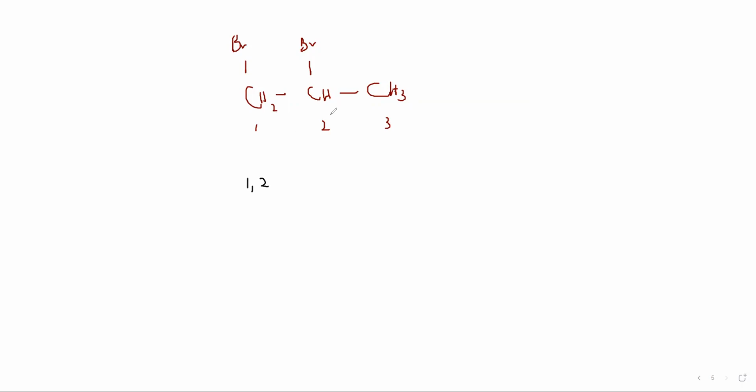First position of a branch, second position, and 2 bromines are there. So if 2 bromines are there, I will use the term dibromo. 1,2-dibromo, and 3 carbons are there, that's why I will use the term prop and single bond ane. So first and second position, I have a branch, but because I have 2 identical branches, that's why it is di. Bromine is a branch, so bromo and propane. Is it clear?